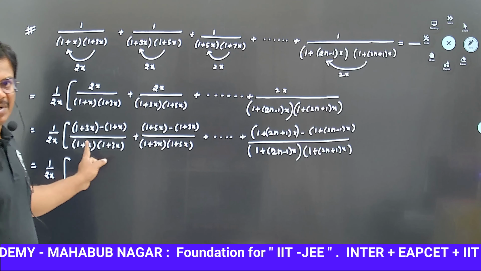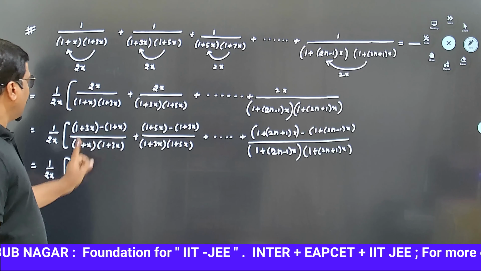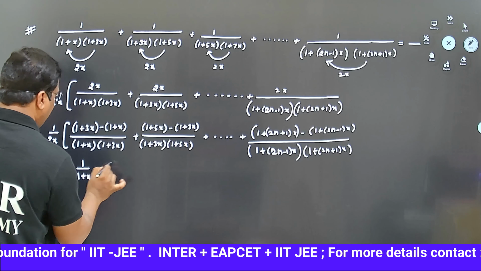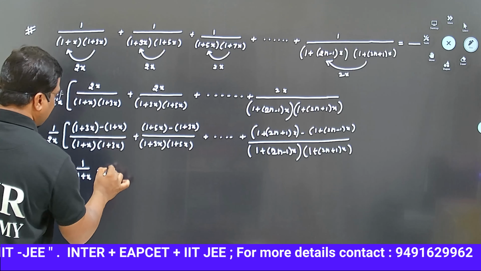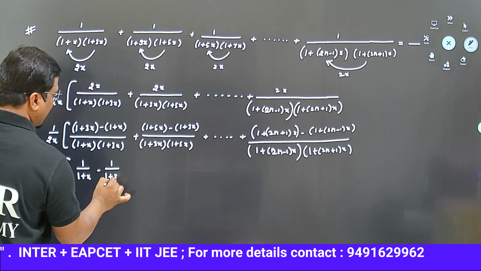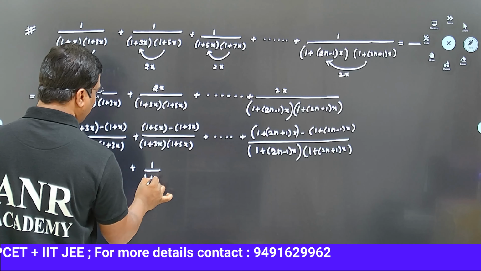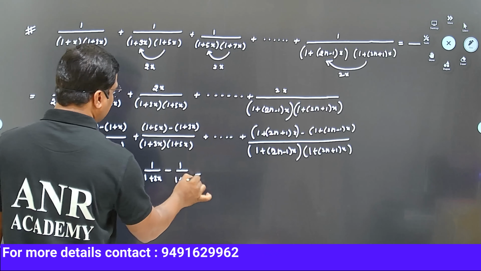Let us observe, 1 plus 3x, 1 plus 3x gets cancelled. Only the first term 1 by 1 plus x. Next, in between them a minus sign. Next, 1 plus x gets cancelled. 1 by 1 plus 3x it is. On continuation we get 1 by 1 plus 3x minus 1 by 1 plus 5x.